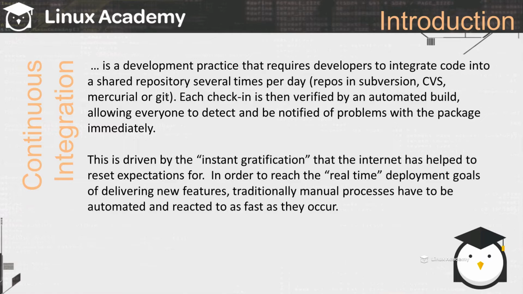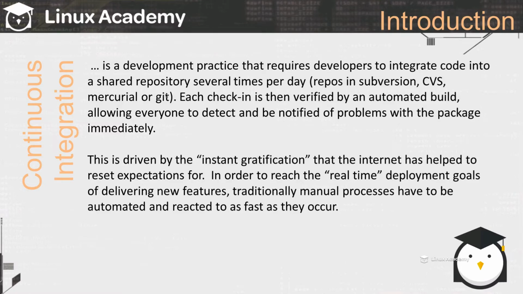The repositories could be Subversion, CVS, Mercurial, Git, at GitHub, all things that we've dealt with at one point in the past. Each time code is checked in, it's then verified by an automated build, and Jenkins has plugins that can build the software and then execute specific tests against it, both in terms of function and performance and even structure, so that if you have source code standards that you want all of your applications built within, those standards can be integrated as part of the tests and code quality that can be tested within Jenkins.